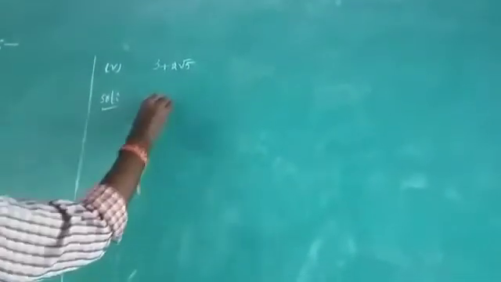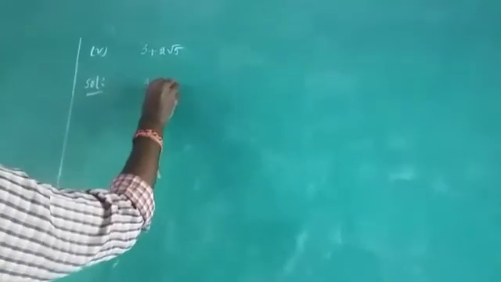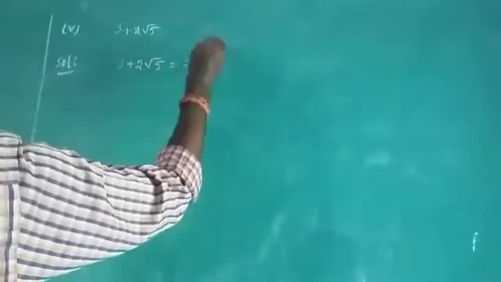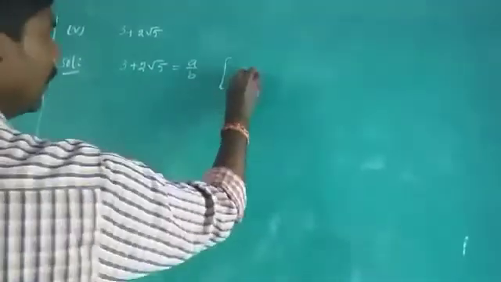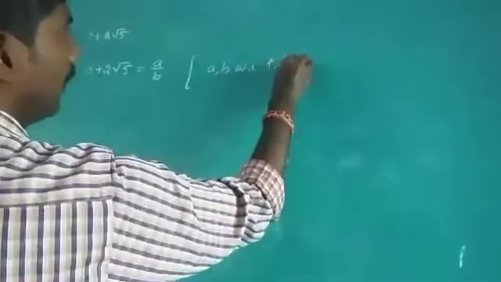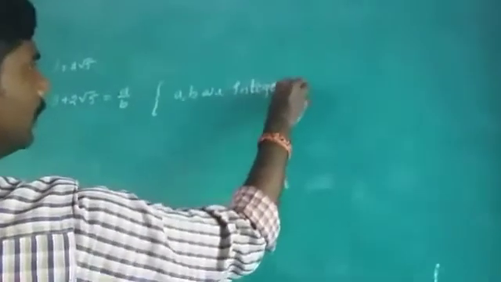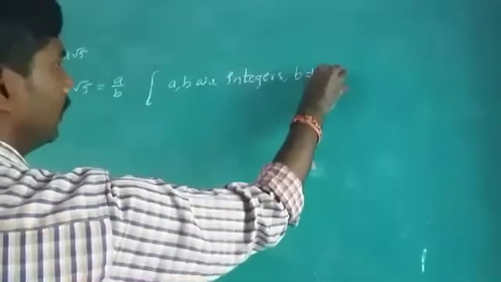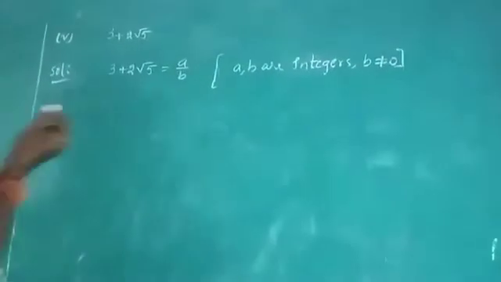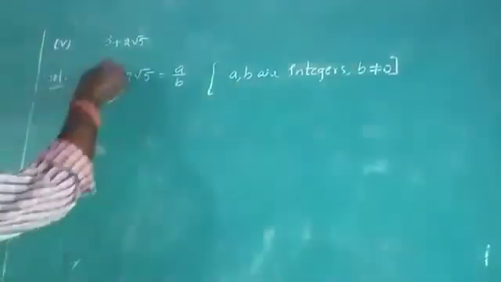See, similarly, what I am doing is 3 plus 2 root 5 is equal to a by b. It is an assumption. We are writing a, b are integers and b not equal to 0. Then here also, squaring on both sides, or otherwise this should transpose.